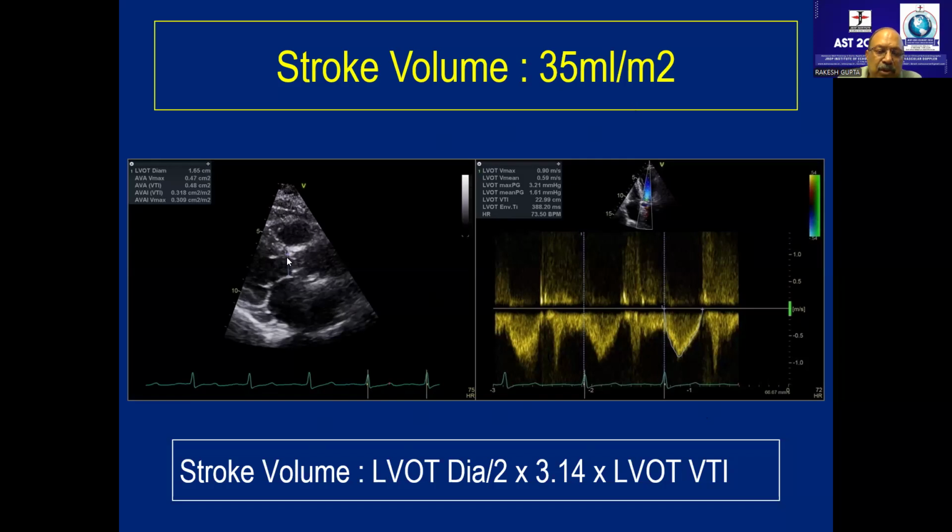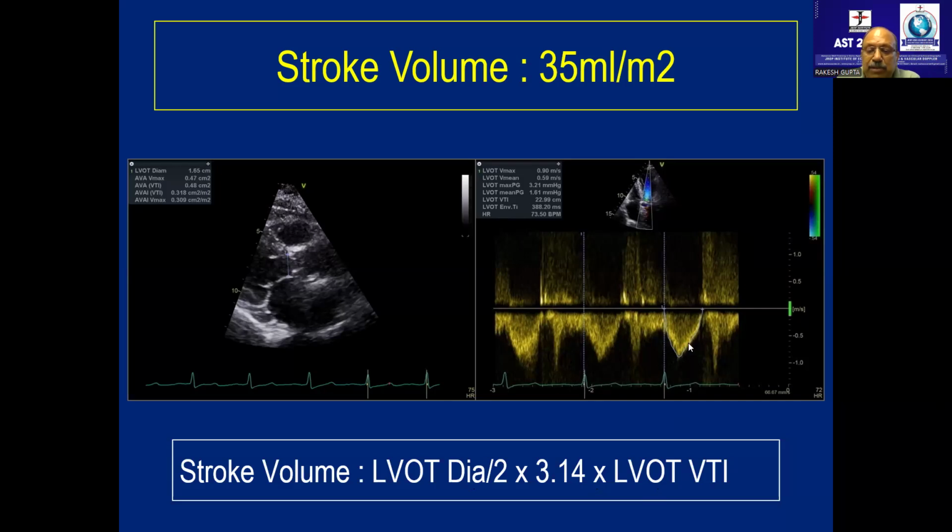Go to the parasternal long axis window, look at the LVOT diameter. Divided by 2 will give you the LVOT radius, square it up, and pi r square, right? So pi is 3.14, LVOT diameter divided by 2, squared, into LVOT VTI. LVOT VTI can be taken either in 3-chamber view or 5-chamber view. Put a pulse wave sample volume at the LVOT, and that gives you a Doppler spectrum pattern as shown over here.